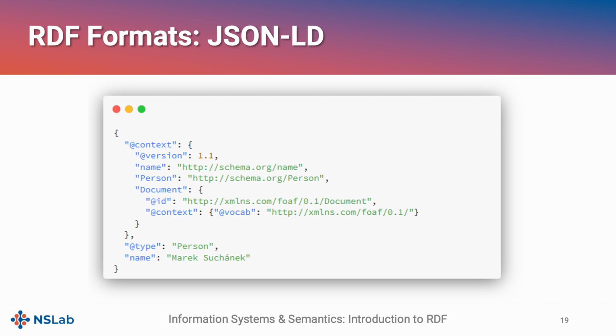Then in the body you can specify the type of the record, in this case person, and then its fields. So for example name, and then there is my name as a value. Both person and name are defined within the context, so we say from which vocabulary we are using these terms, person and name.